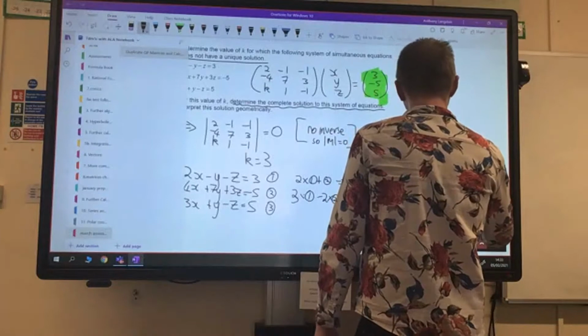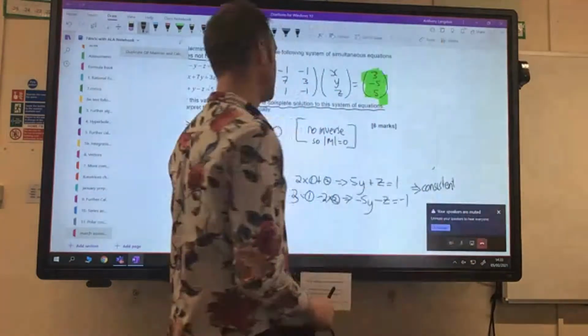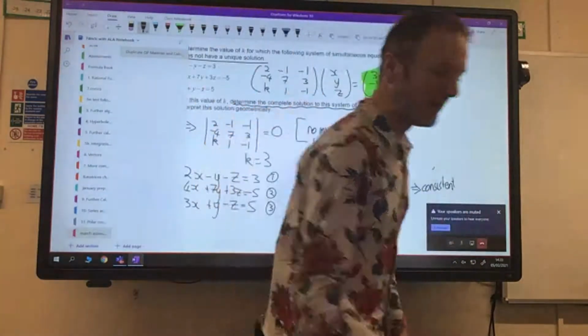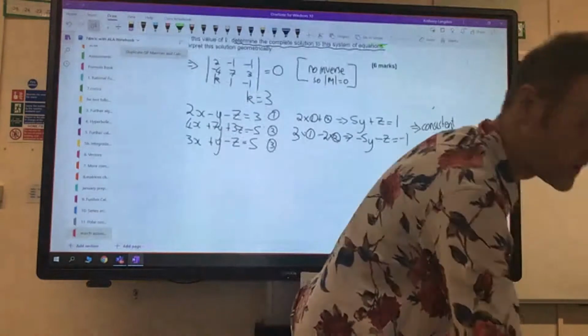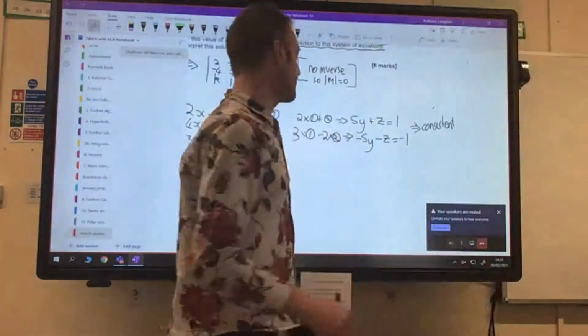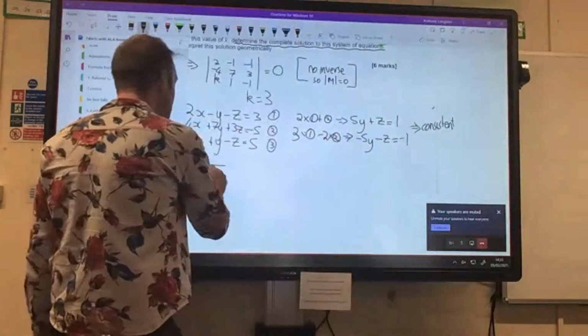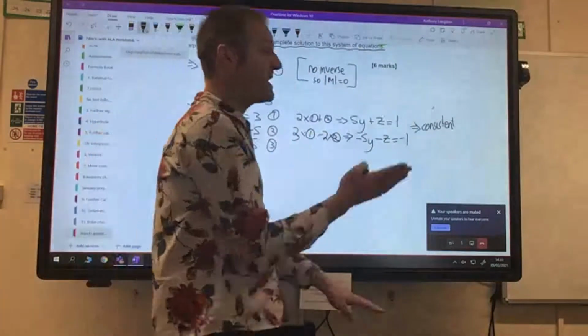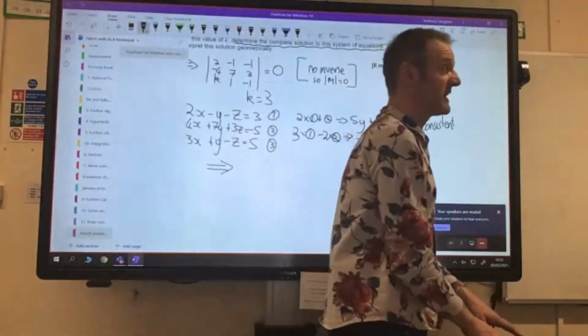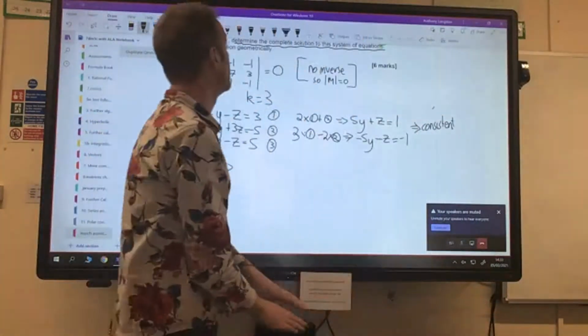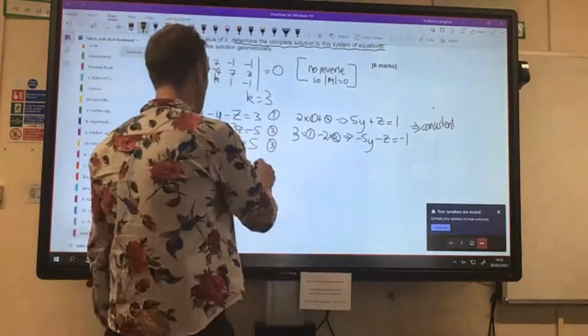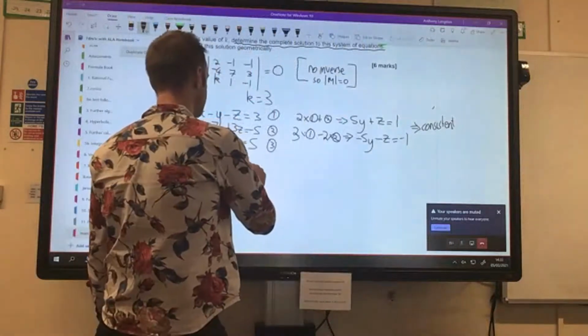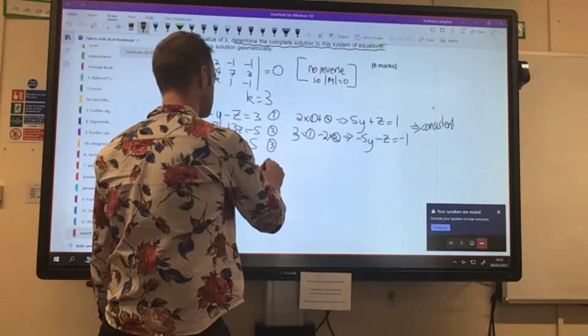Because it's possible at this stage that you would get 5y plus z equals 2 and 5y plus z equals 3, which would mean inconsistent. So consistent. So we have now proved that all 3 planes do intersect, but they don't have a unique solution. Therefore, it intersects in a line.